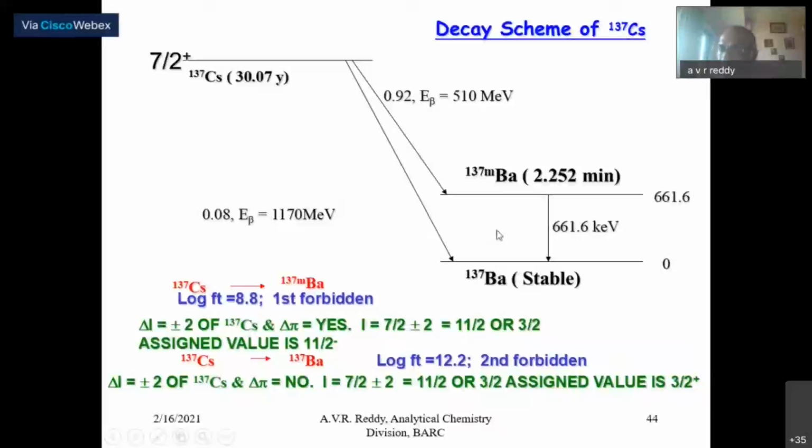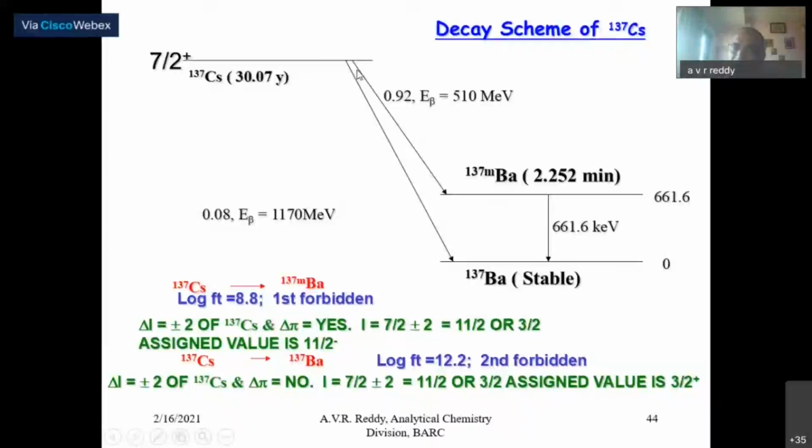We can actually compute the spin values of these two states. Of course, this is zero because it is a stable nucleus. From the shell model, we can calculate this value, whereas this we can compute based on the transition or selection rules.